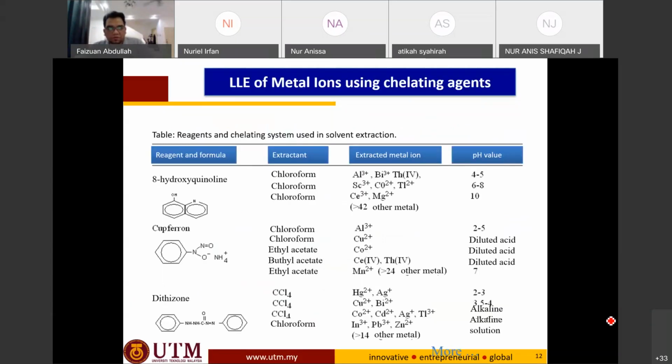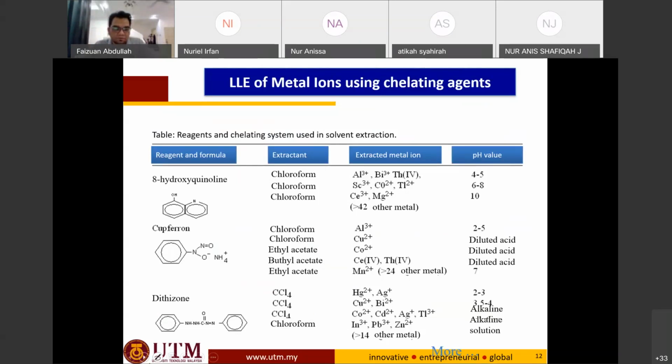We also can use the liquid extraction of metal ions using chelating agents. The chelating agent is the chemical or the compounds, in the form of solution, and also we have metal that we can dissolve, that the molecules can trap metals.